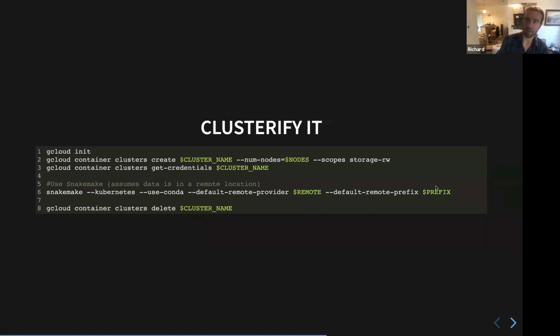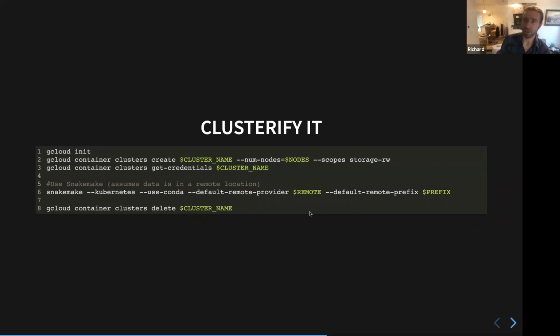And snakemake can actually keep track of what kind of environments you need using Conda in order to download the packages that perform your analysis. And when we're done, we delete the cluster so we don't get charged hundreds of dollars for it.